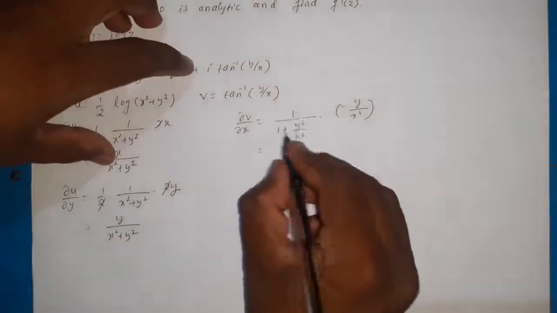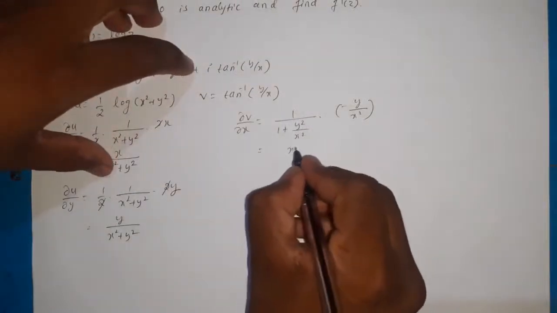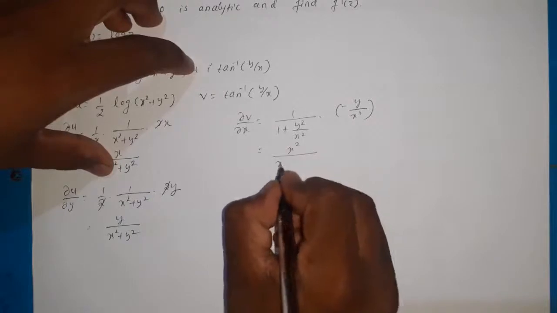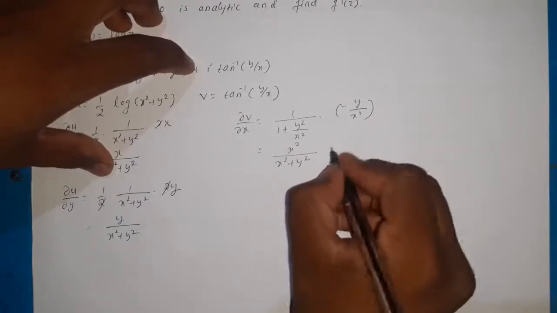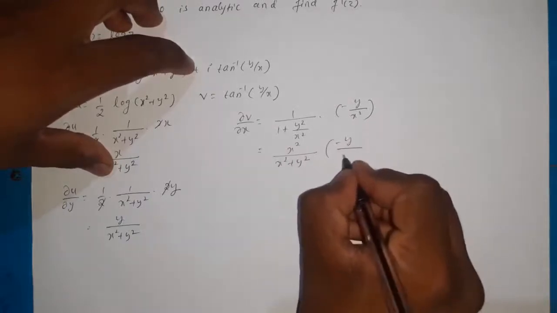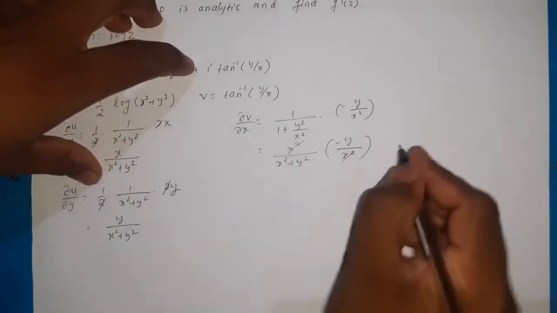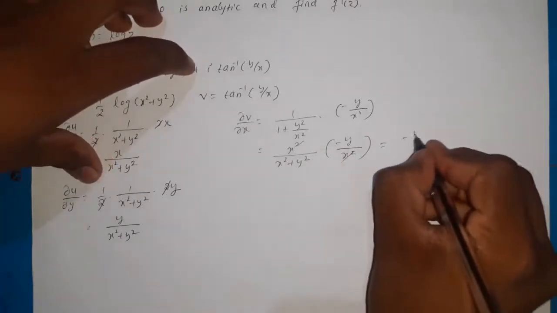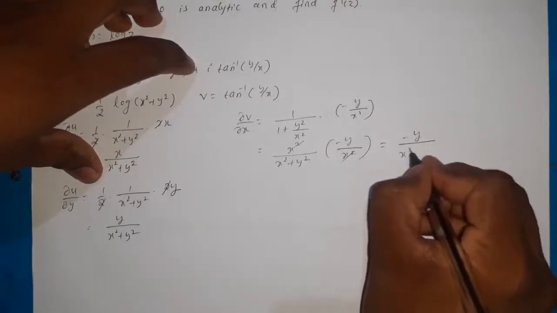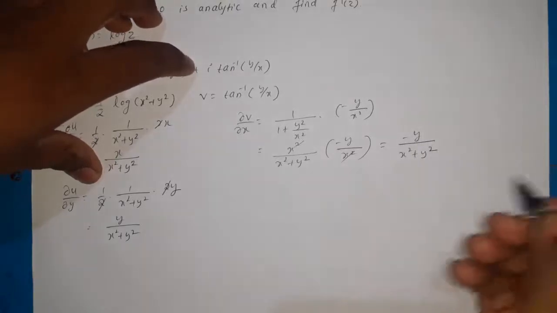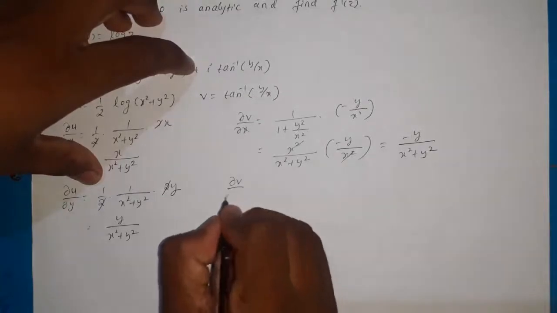Then on simplifying, we get x² divided by (x² + y²) into minus y divided by x². So x² gets cancelled, it is equal to minus y divided by (x² + y²), and ∂v/∂y.